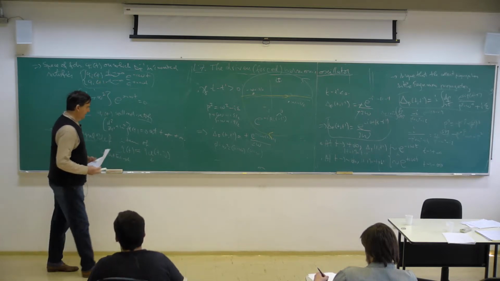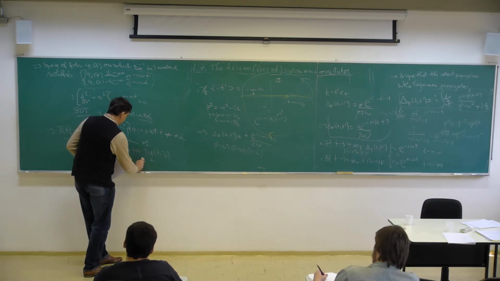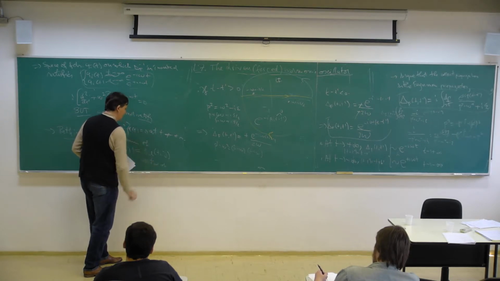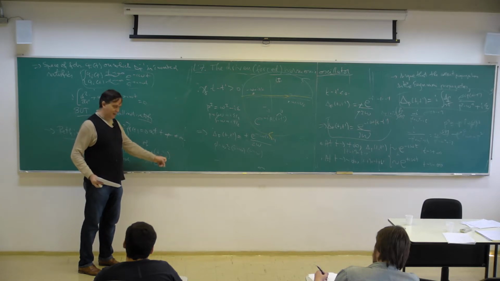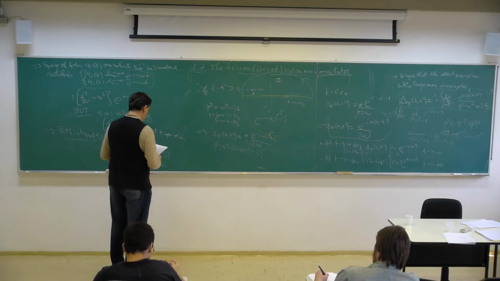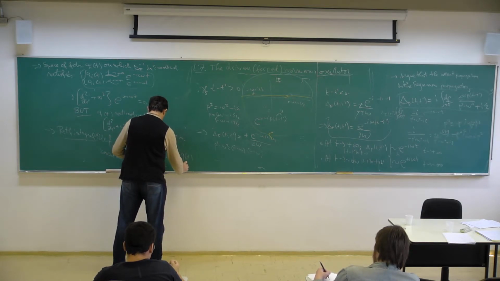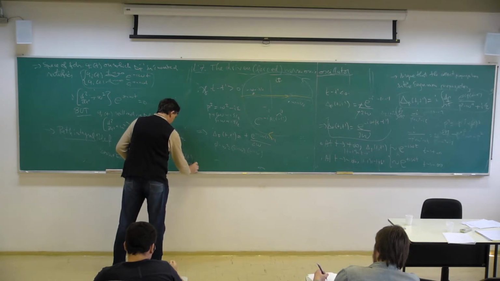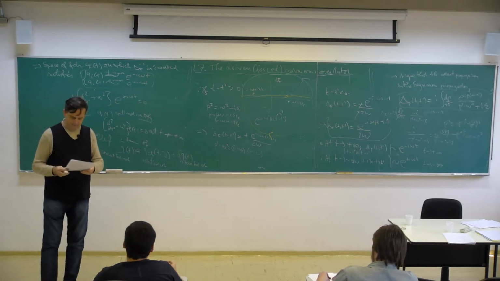And I write this as a classical solution that satisfies the correct boundary conditions, depending on t and j, plus a fluctuation that satisfies zero boundary conditions. That means it goes to zero at both ends.